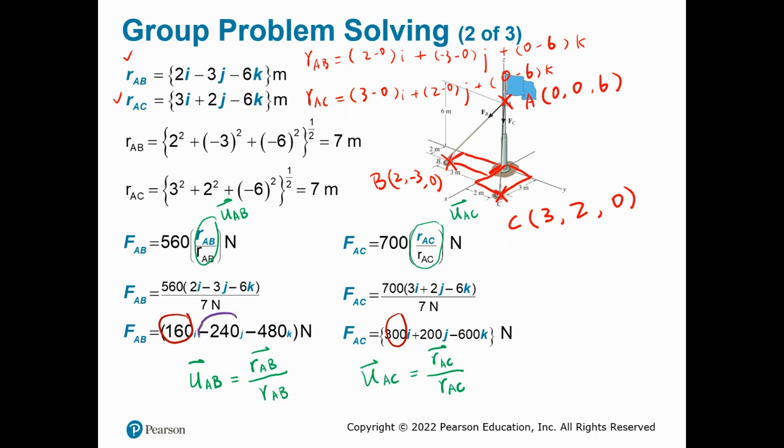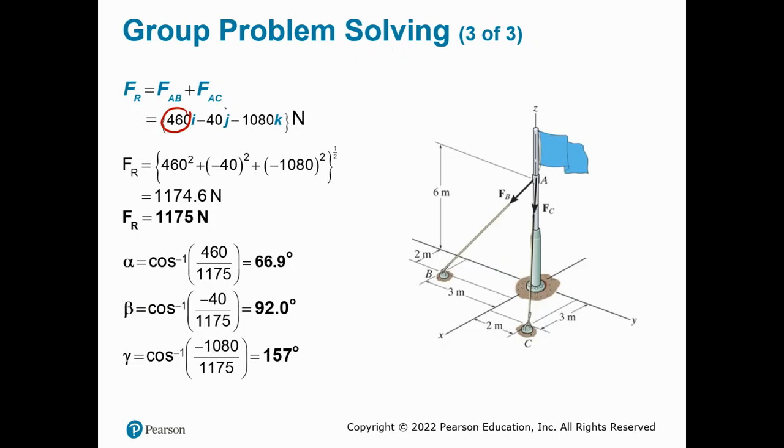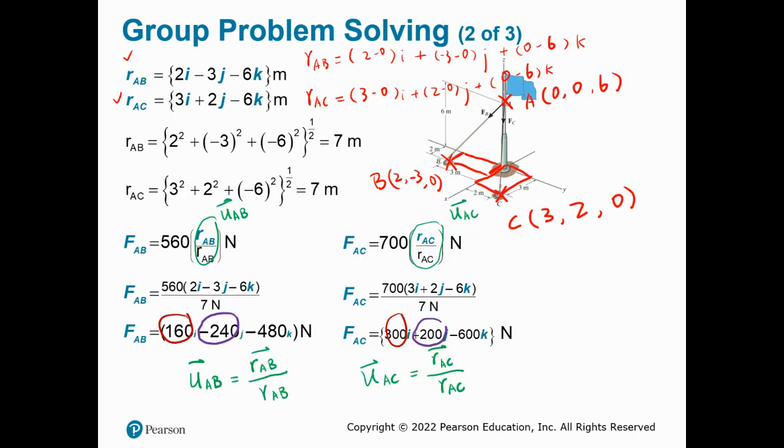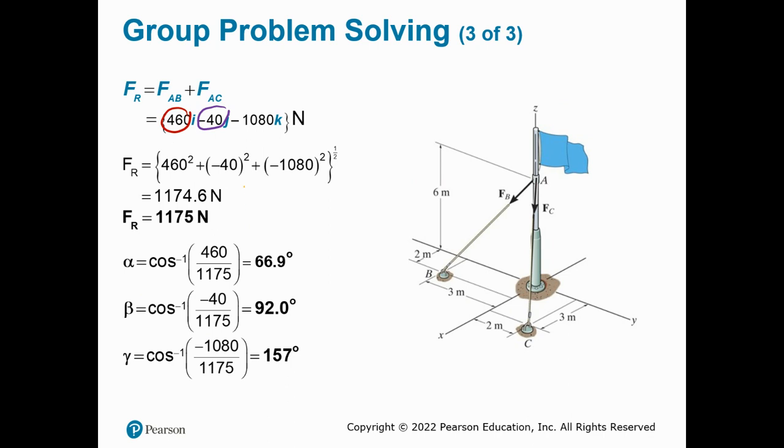So you have negative 240 and 200. Add these two together. That will give me negative 40. That's where that comes from. And then next one, let's go with the yellow, orange. You have negative 480. This one is negative 600. Put them together. That's negative 1080. That's where that comes from.